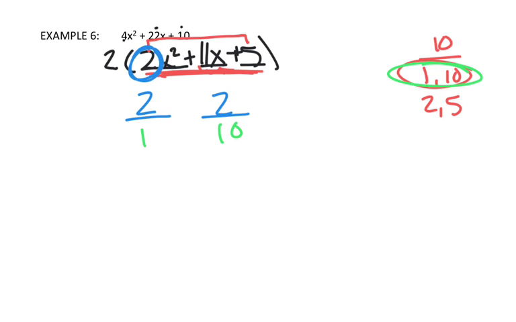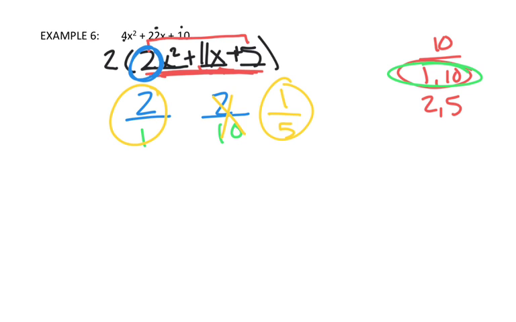Then we're going to see if we can reduce. So 2 over 1. We're going to leave that one alone. It could reduce to 2, but we want to keep it a fraction, so we'll leave that one. 2 over 10, though, 2 will go into both of those. So 2 divided by 2 makes your numerator 1. 10 divided by 2 makes your denominator 5.